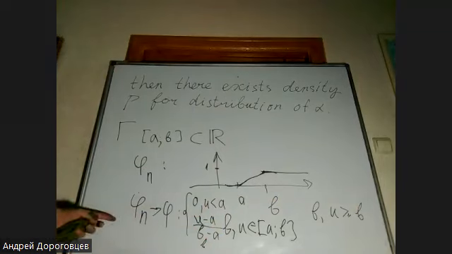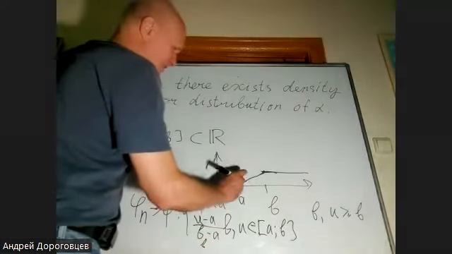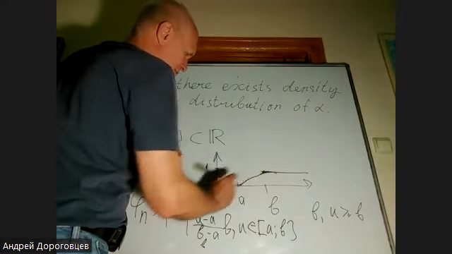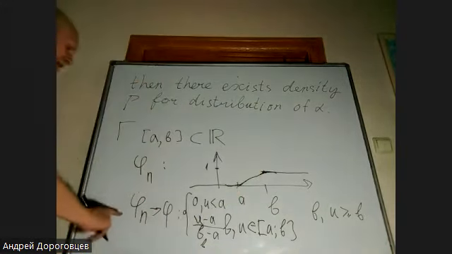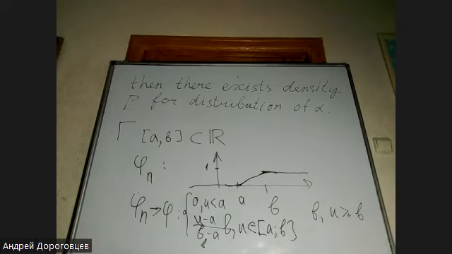So we consider a sequence of smooth functions, which I drew here, which converge to the function phi.